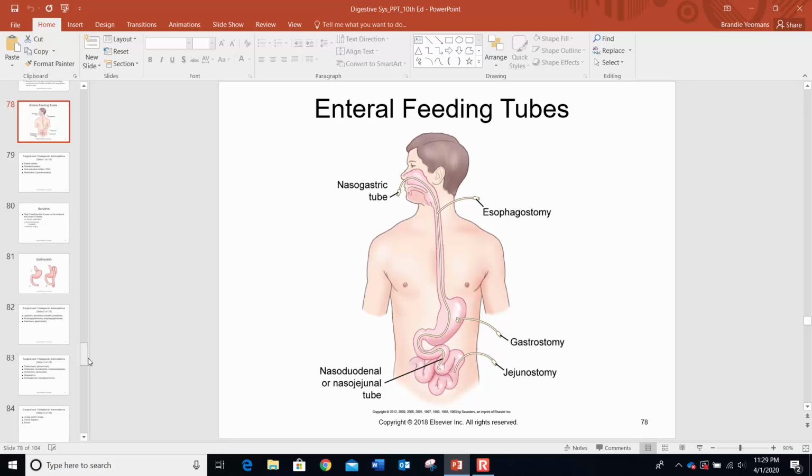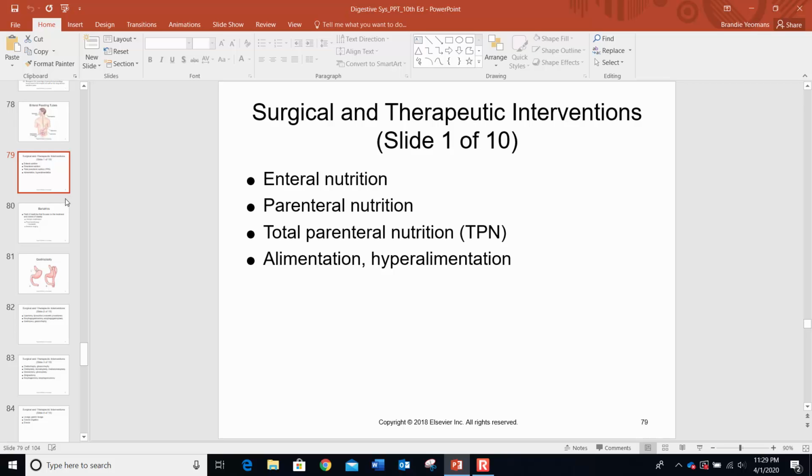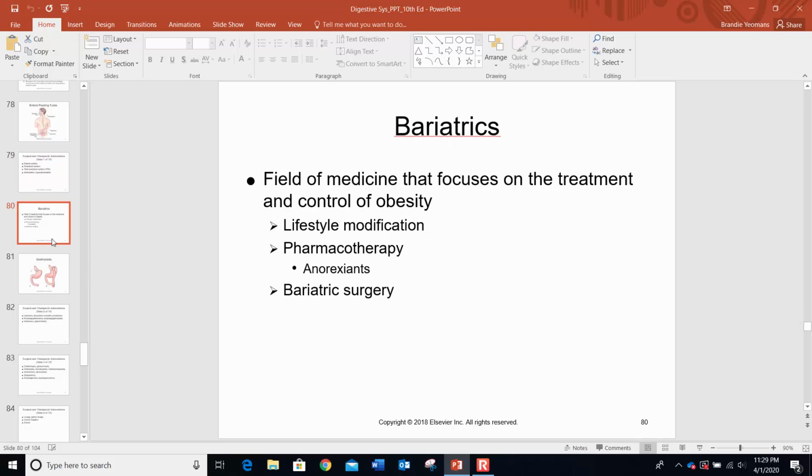Sometimes they're discharged with a feeding tube, and it is to help the patient to get nourishment when they're having problems with their digestive tract because of some type of disease, some type of removal of the intestinal areas, and this is a way to make sure that they get nutrition, or we are actually having a port for the stool to be removed. So we're going to see that with some of the types of interventions here soon.